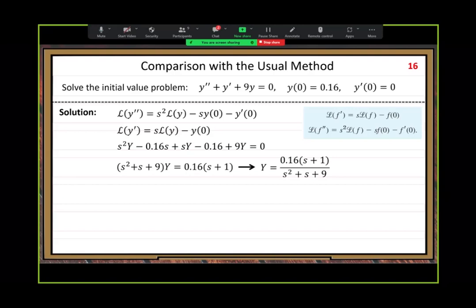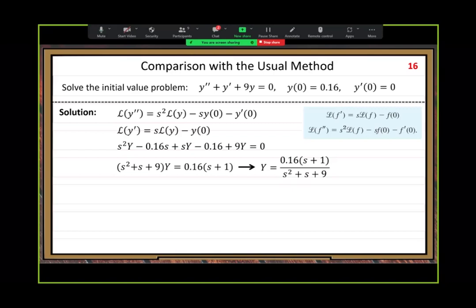The next question: we need to decompose this fractional expression to make it fit some of the structures of our basic formulas. We have a few basic formulas, but which one to use?